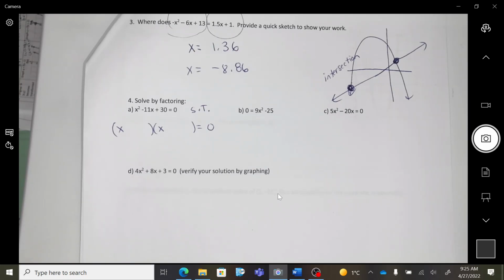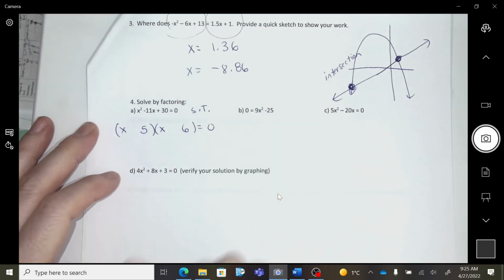So on the simple trinomial, you're trying to say what multiplies to 30. And then it would also have to add somehow to get you 11, so negative 11. So can you get 2 multiples of 30 that will do that?